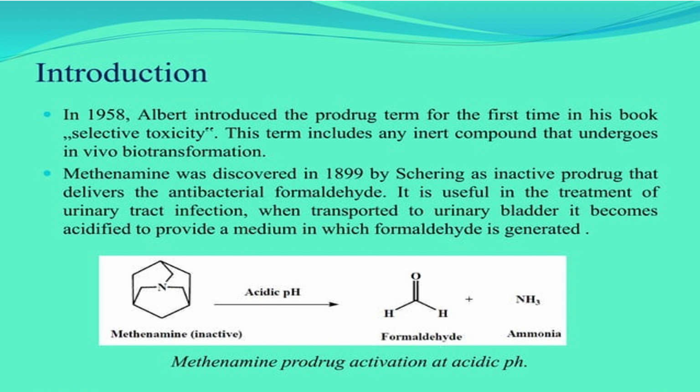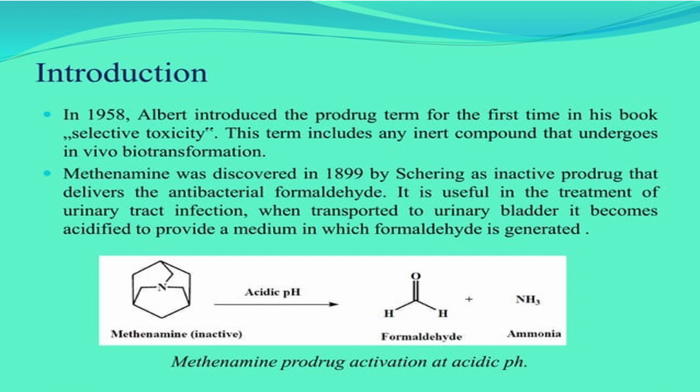What is the definition of the prodrug? The prodrug is a drug product that is inert in the expected pharmacological activities. Basically the prodrug is inert in nature, and it must be transformed into a pharmaceutically or pharmacologically active agent by metabolic or physicochemical transformation.